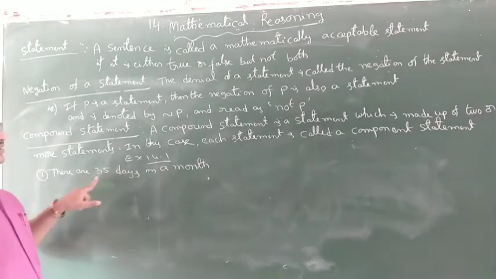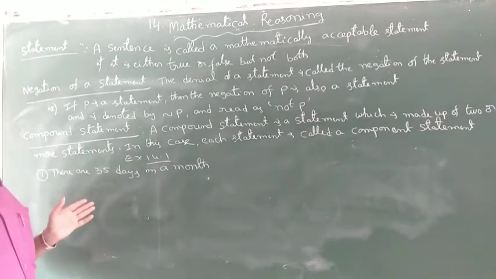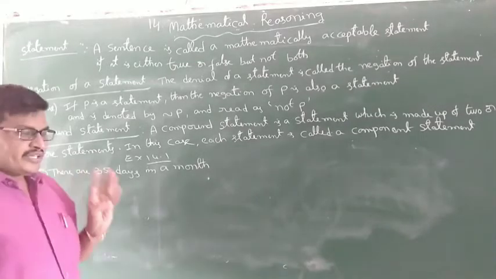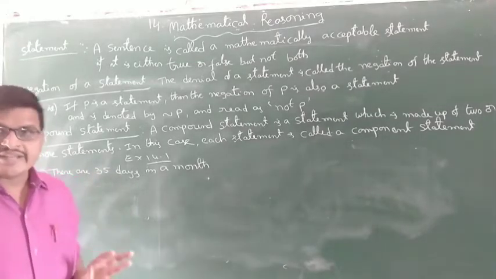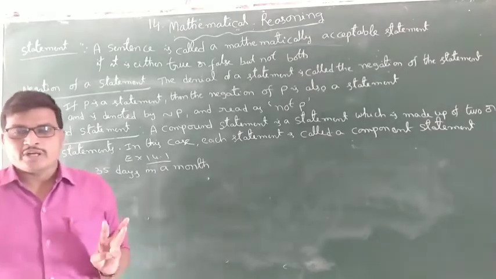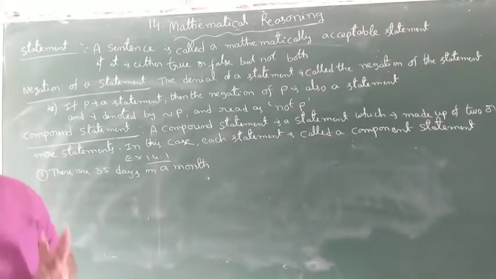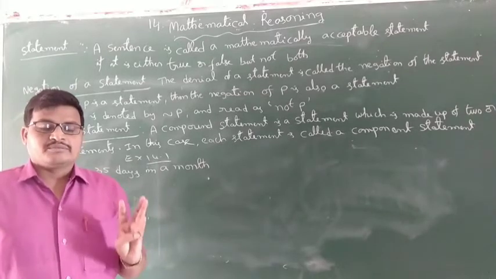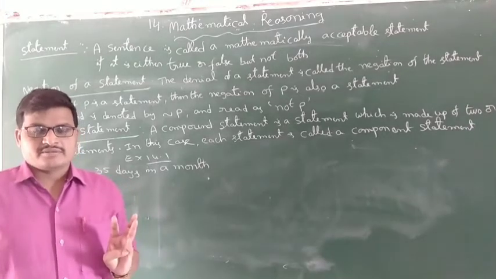A month has 28 days in February, then 31, 30. So 28 is there, 29 is there. In a leap year, February has 29 days. In a normal year, February has 28 days.